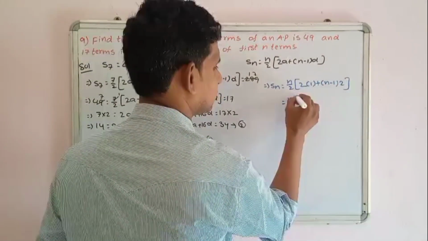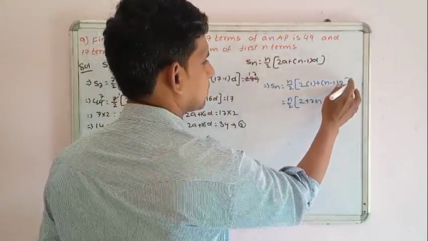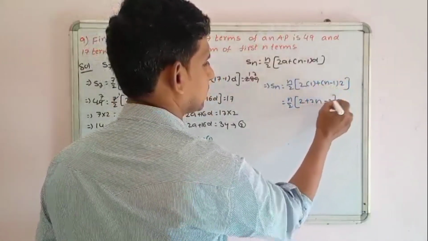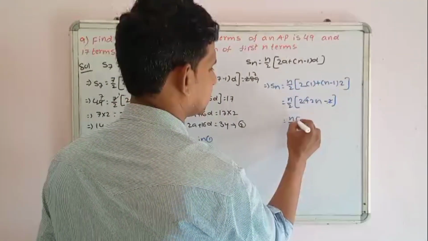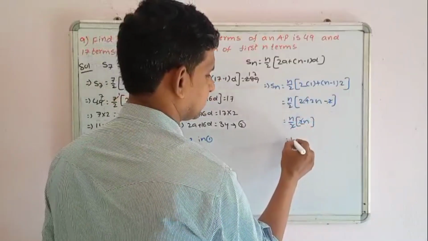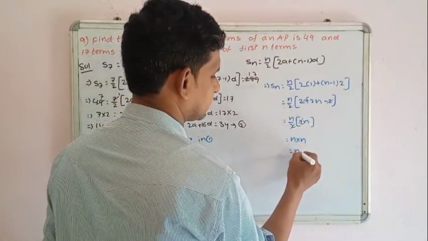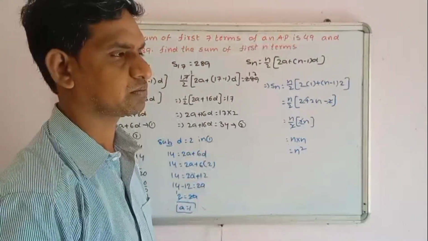So n by 2, 2 times 1 is 2. 2 times n is 2n, 2 times 1 is 2. Negative 2 and positive 2 get cancelled. n by 2 into 2n, the 2s get cancelled, n times n, that is n square. Sum of first n terms is n square.